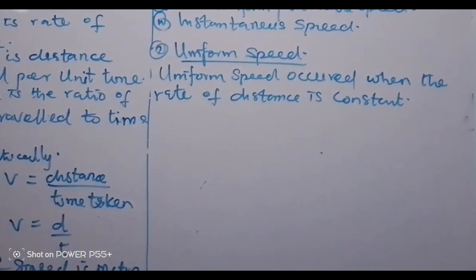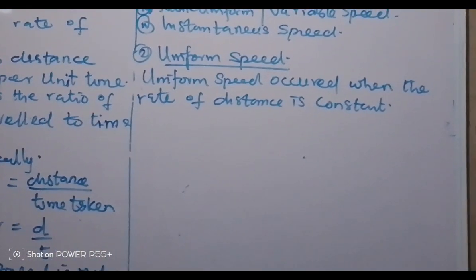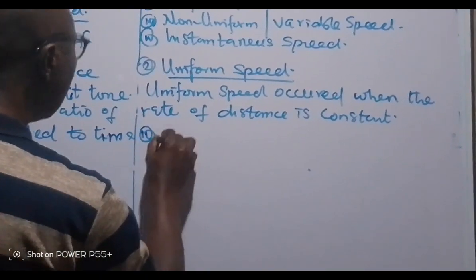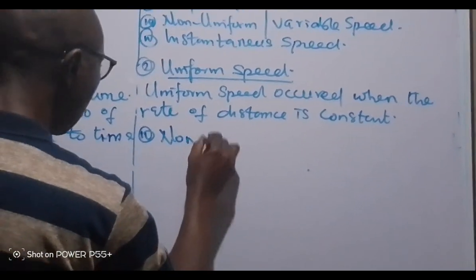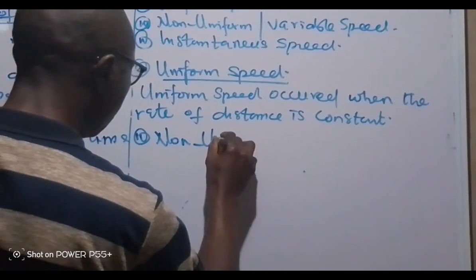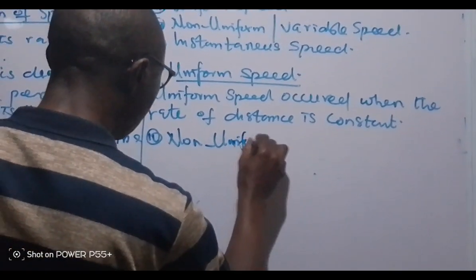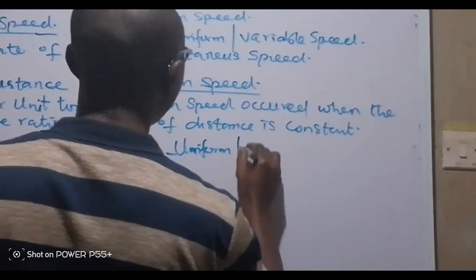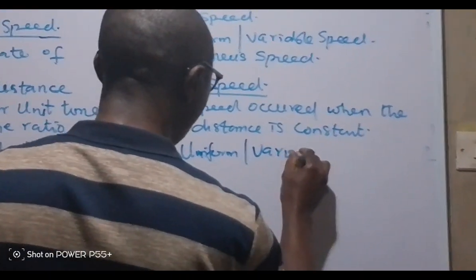That's uniform speed. Then number 3, non-uniform, or call it variable speed.